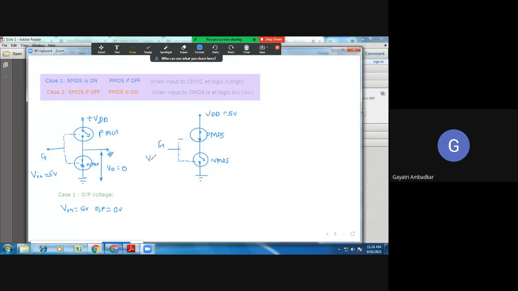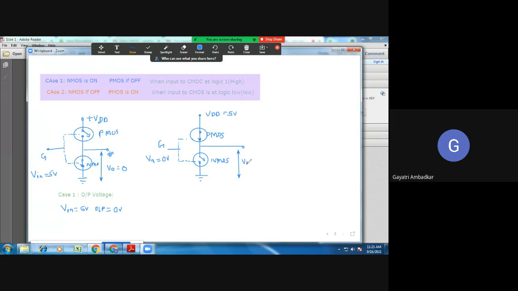So V in equal to 0 volt here, and you are taking output between these two terminals.